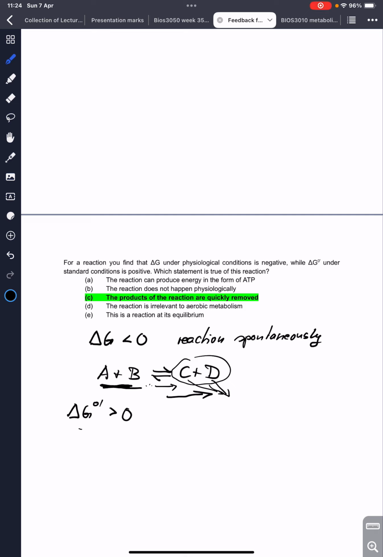And then it doesn't matter that delta G naught prime is positive, and under standard conditions the reaction would be on the left-hand side. If we remove the products, we force the reaction to go to the right-hand side.